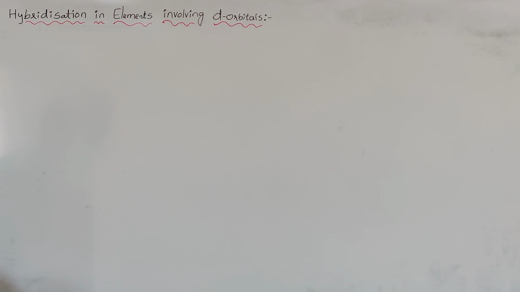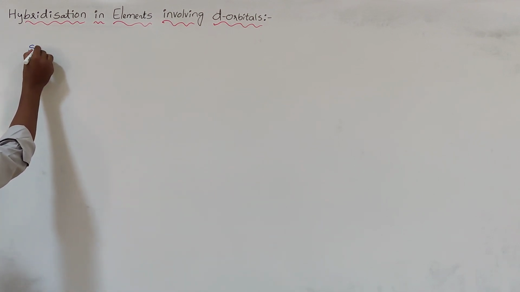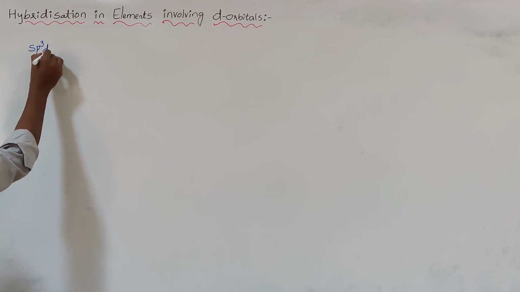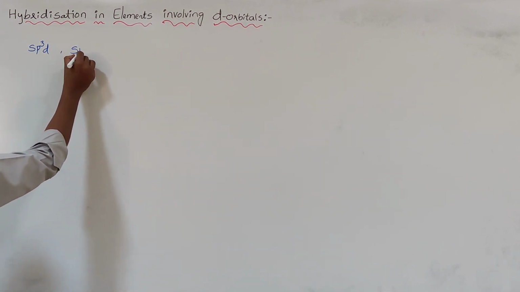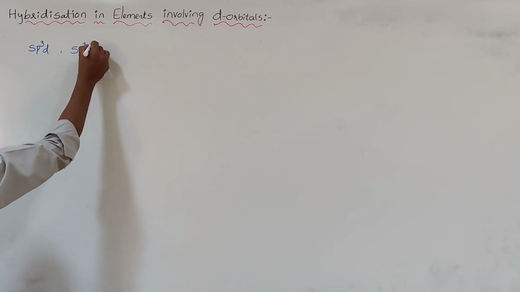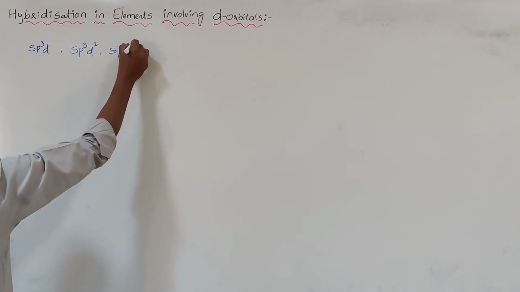Now, what types of hybridization are possible when the elements involve their d orbitals? There are different types of hybridization. sp3, so far we know; if one d orbital is additionally involved, sp3d, sp3d2 and sp3d3.